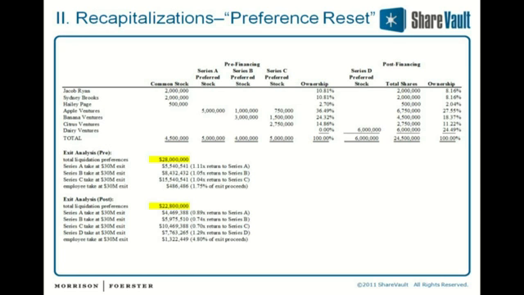This company underwent a 40% haircut on liquidation preferences, so that the $5 million preference of Series A got chopped down to $3 million of preference. The $8 million of B went down to 4.8, and the $15 million preference of Series C got haircut down to $9 million. So this company took 28 million of preference and crammed it into 16.8 million of preference.